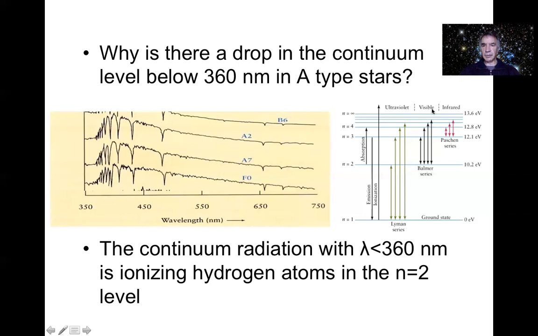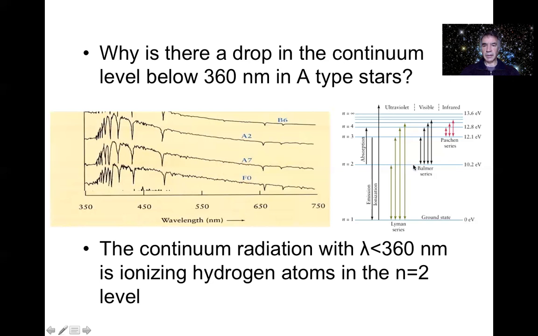If you go further than this point, your photons suddenly have enough energy to ionize hydrogen. That's the key to what's happening here. Once you get past the point where all the Balmer lines converge, which occurs around this 360 nanometer wavelength, then photons with energy up here, no matter what their wavelength, suddenly have enough energy to ionize hydrogen straight out of the n equals 2 level.